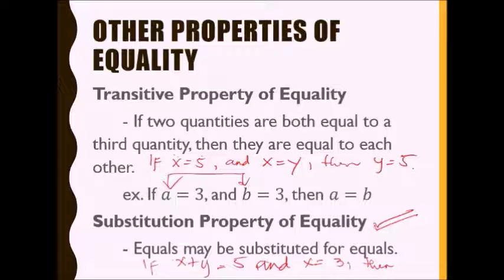No. So, x becomes 3 plus y equals 5. Yan, no? So, dito sa transitive, buong as one statement na siya napalitan. That one is transitive. Pero pag isang part lang naman, ayan, that one is substitution property.